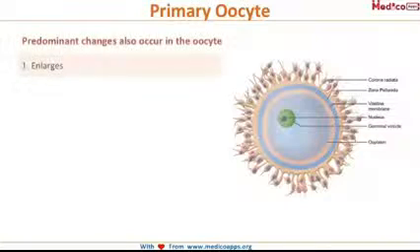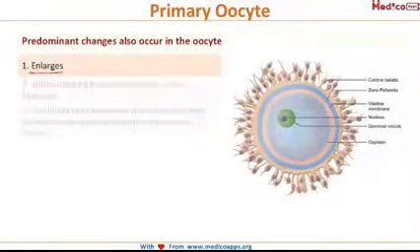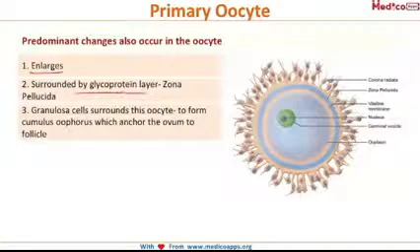Now, this oocyte enlarges. It starts becoming bigger. It is surrounded by a glycoprotein layer, the zona pellucida. You can see here, this in blue is the zona pellucida, a glycoprotein layer surrounding the primary oocyte.